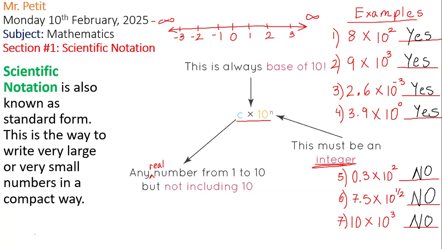We know how to identify numbers in scientific notation. Now we have to learn how to convert them to scientific notation.